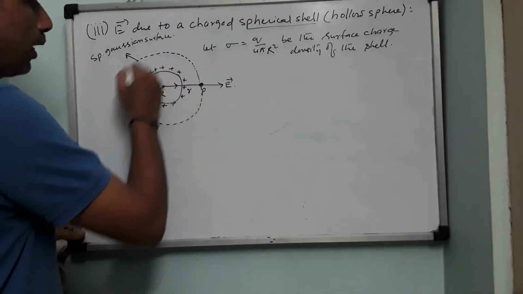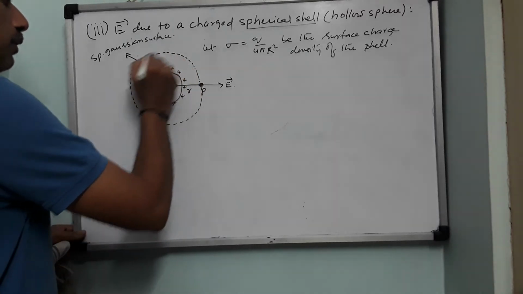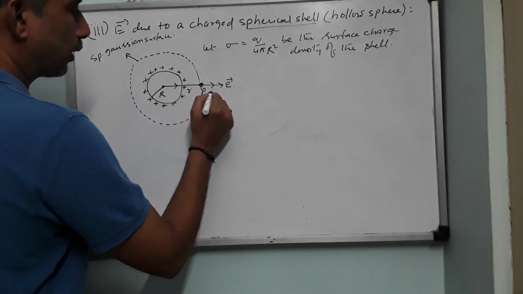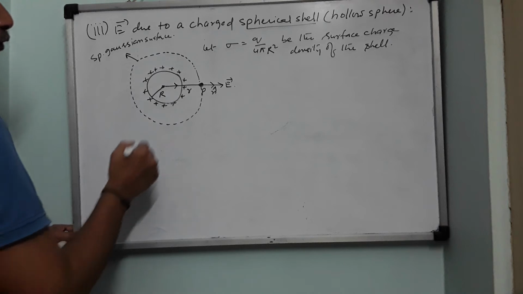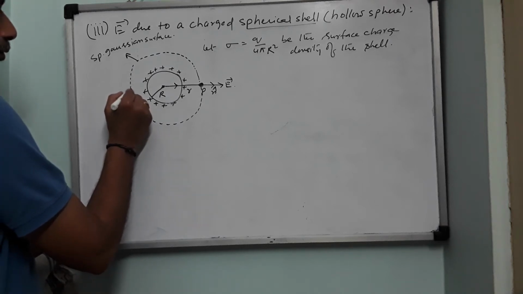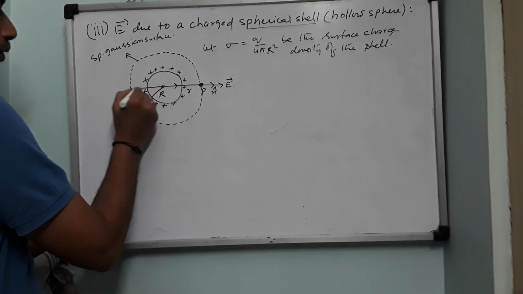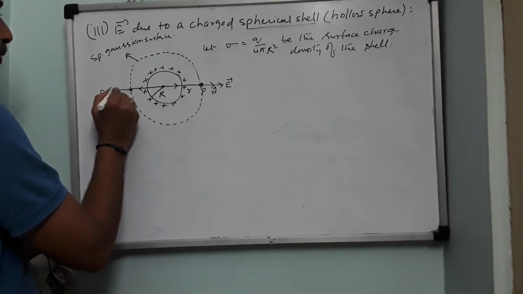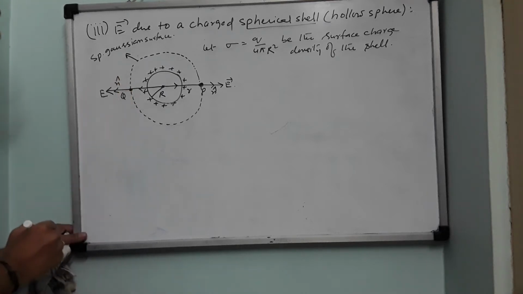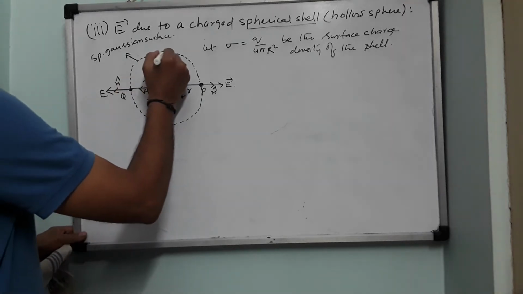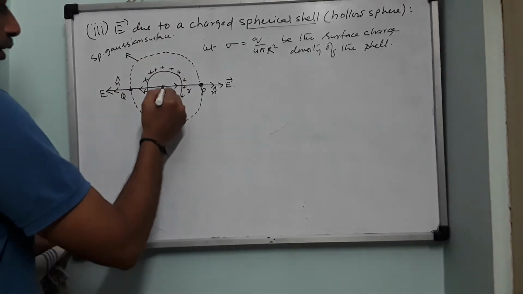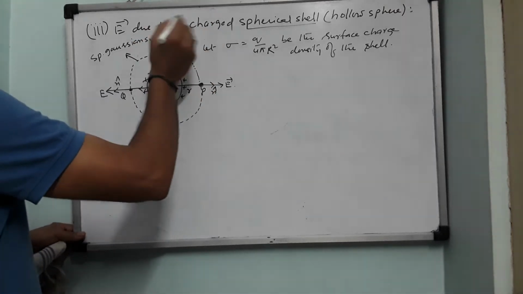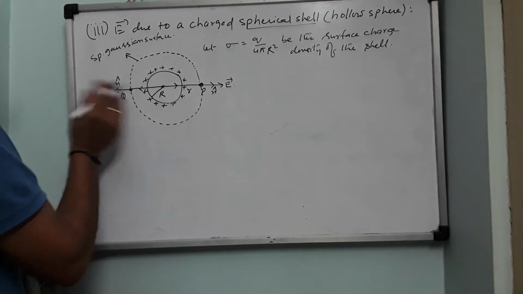If I draw the normal to this surface, the radius of the sphere is nothing but the normal, so the normal also lies along the same line. Take any point like Q at the same distance r: the electric field is radially outwards and the normal is in the same direction. For any other points R and S, both point the same way. So at any point, the electric field and normal are radially outwards.